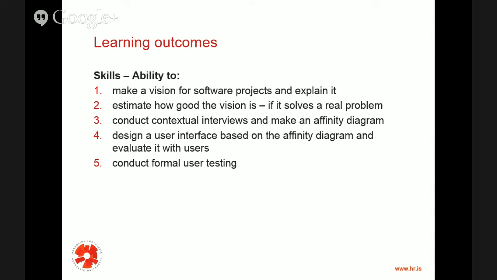Then we have 5 skill learning outcomes, and skills are 1 level up from knowledge. So you're not only able to tell about those, you have used it and you know how to use it.